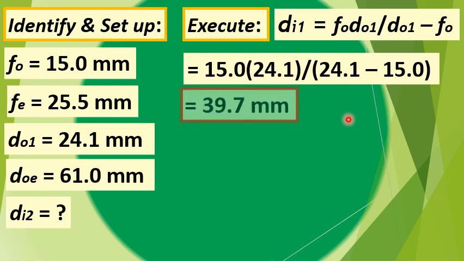So this first image formed by the objective will become the object of the eyepiece.